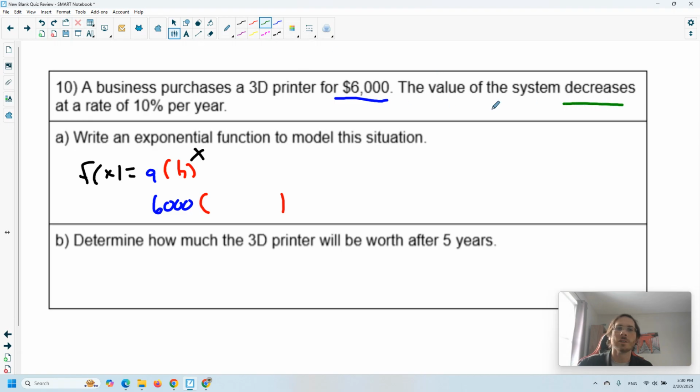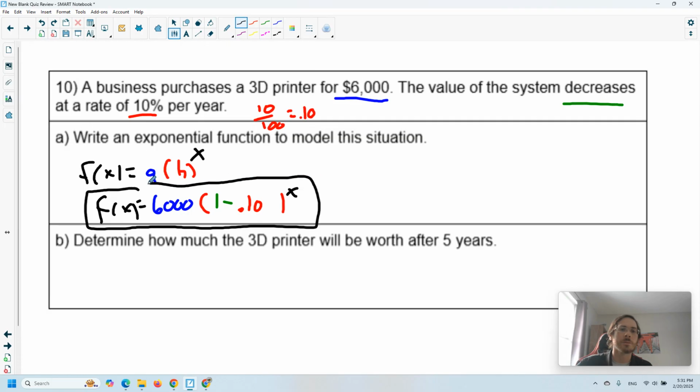So again, it's decreasing. So we're going to do 100% minus our rate, we're decreasing by 10%. So again, 0.10. So 10 over 100 is 0.10 or 0.1 if you'd rather, to the x power. That's our answer for that part.